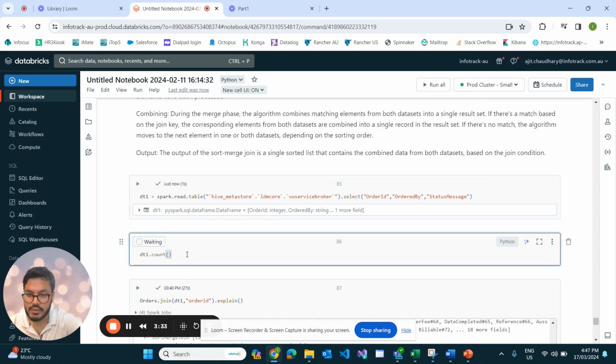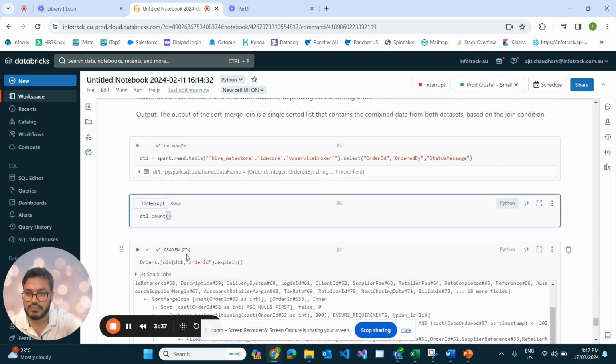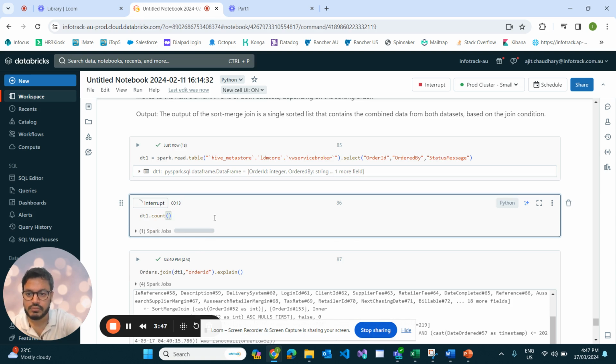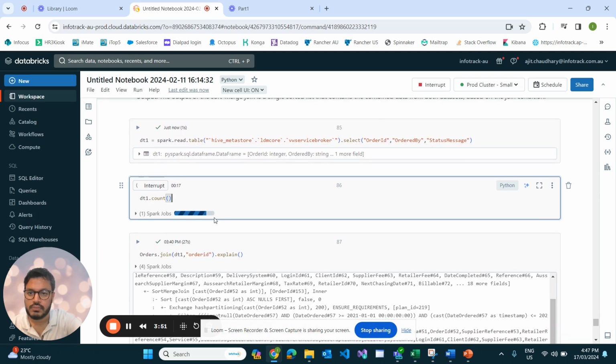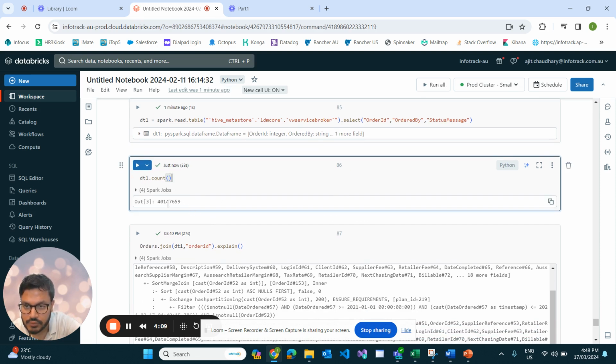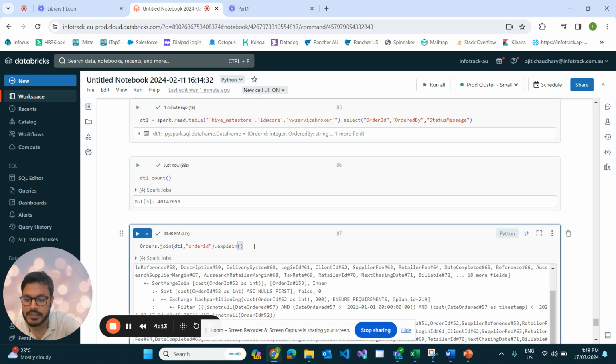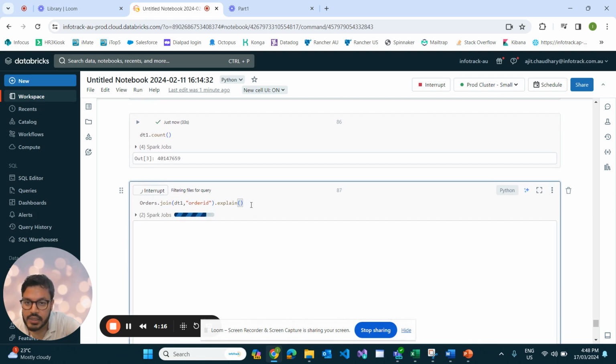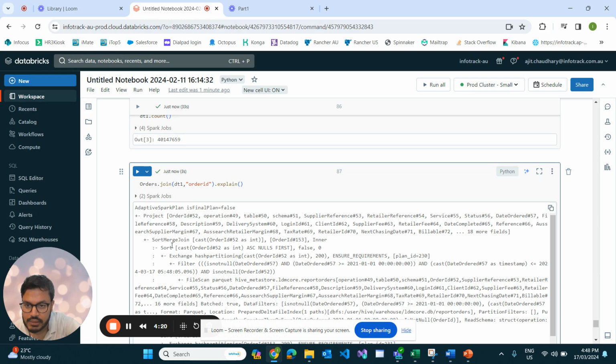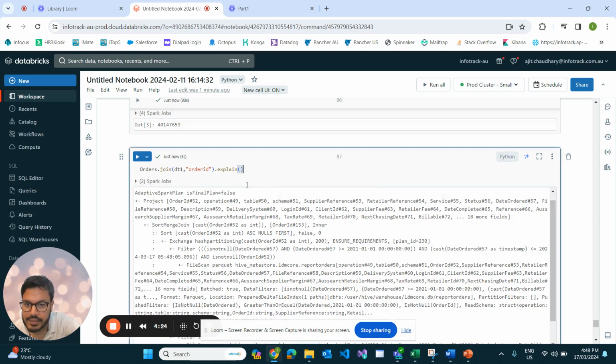Now if we look at g1.count, this one is something around 4 billion records. If we do an explain with these two tables, both are big tables. If we look at the join strategy, you see it does a sort merge join because both are my big tables.